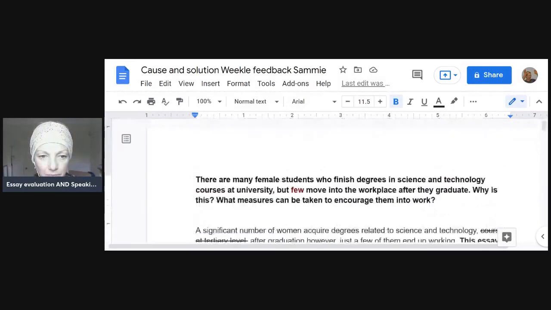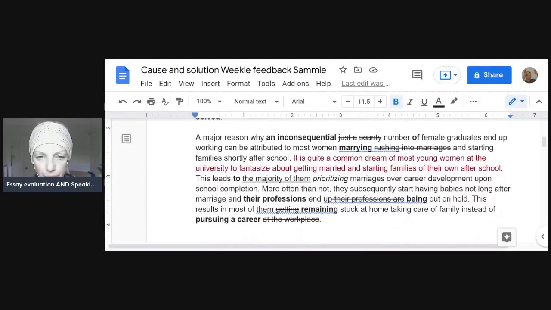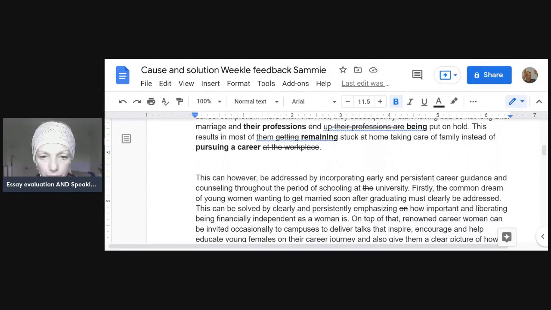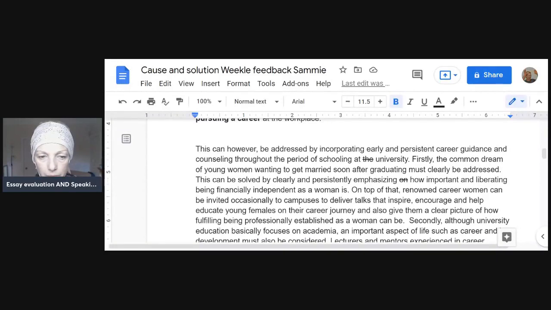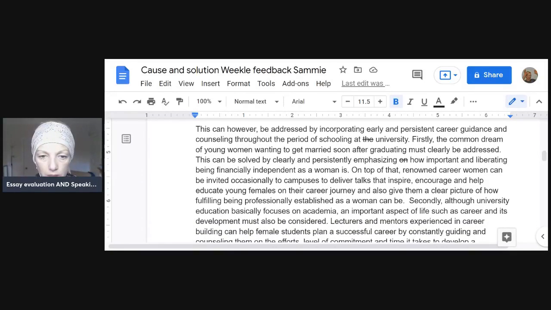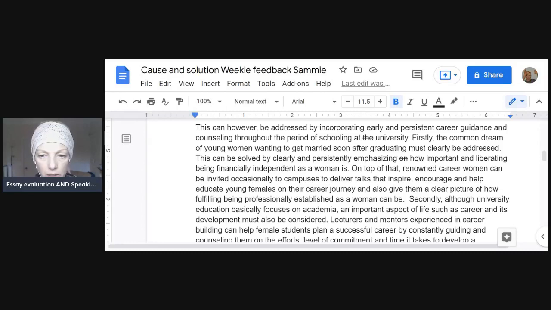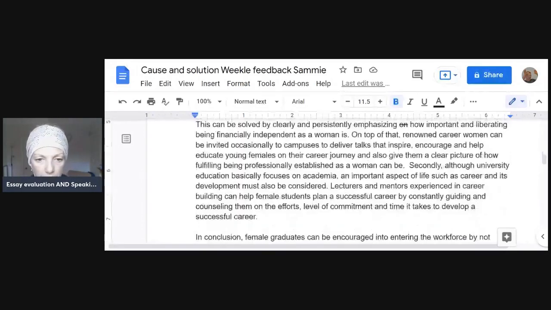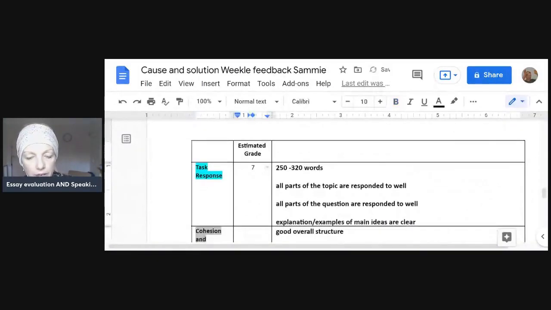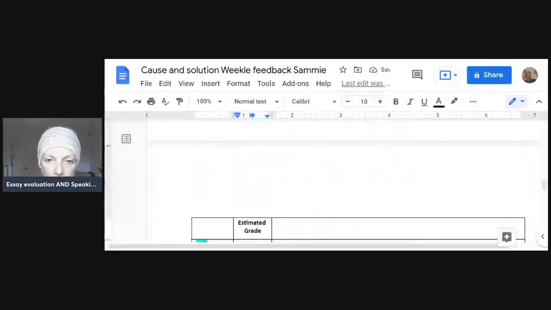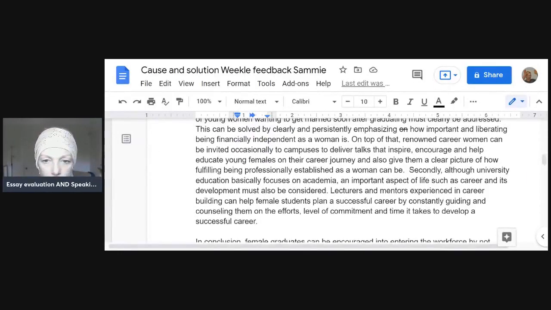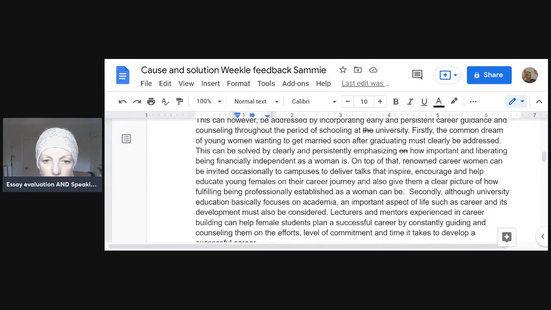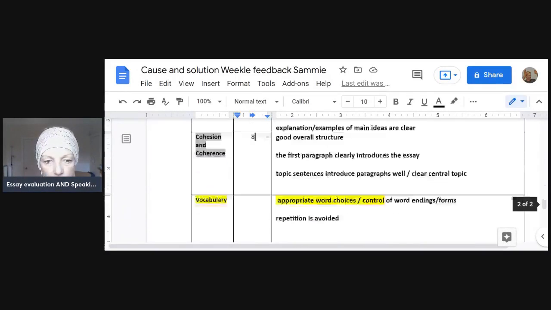So task response, probably a 7. And her coherence and cohesion would be an 8. Lexical resources, very high.